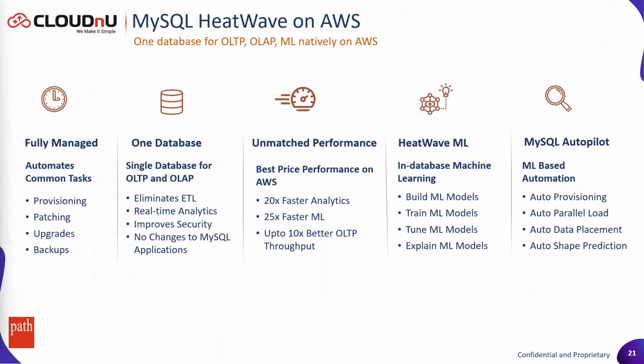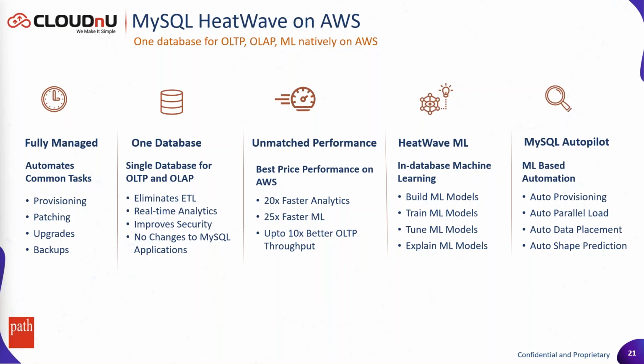Oracle did this to bring the value of MySQL HeatWave to customers that are already stuck on AWS. In the past, AWS customers who wanted to use MySQL HeatWave would have to move all of their data from AWS into OCI.